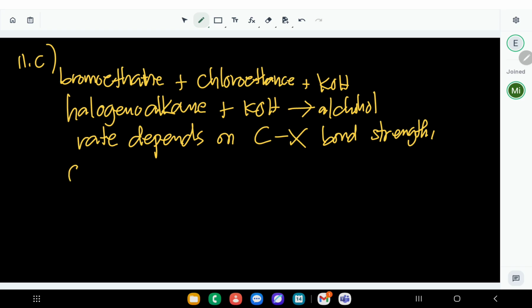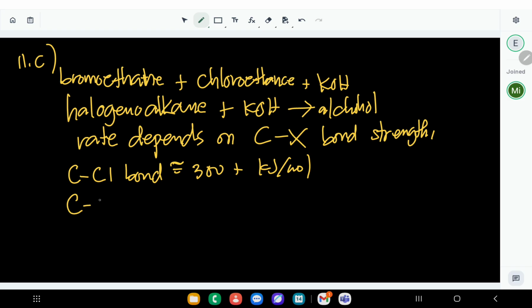So we have the carbon to chlorine bond. From the chart, approximately what's the bond value for this in kilojoules per mole? Maybe 300 plus kilojoules per mole.